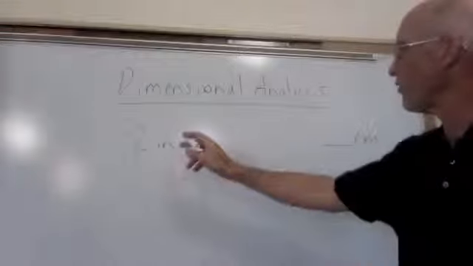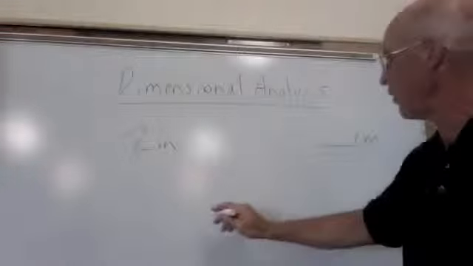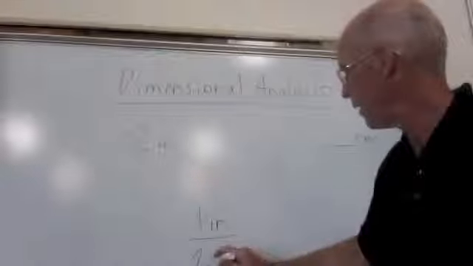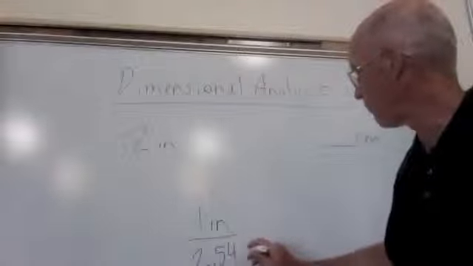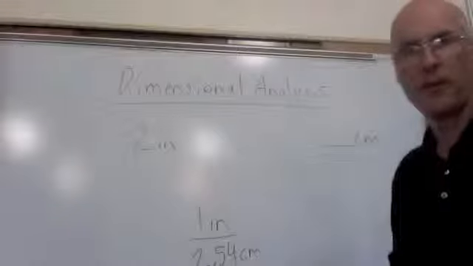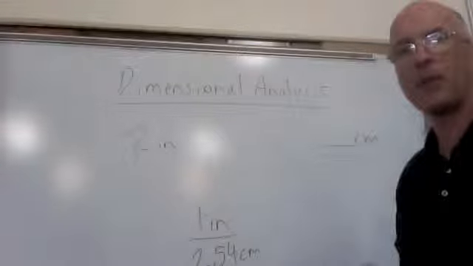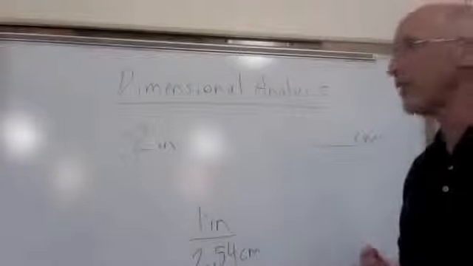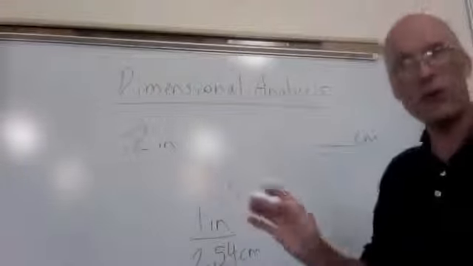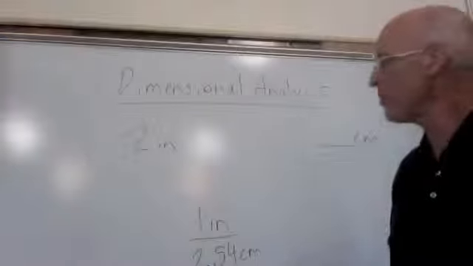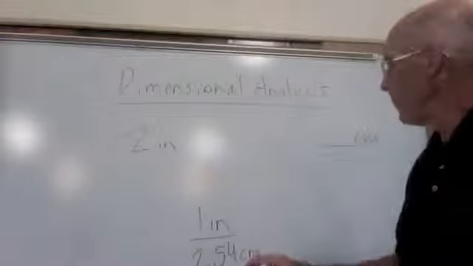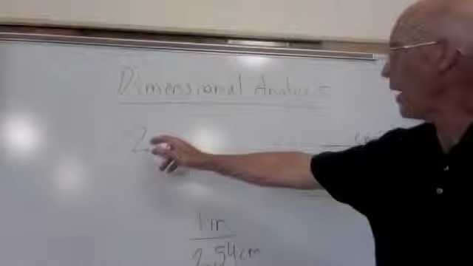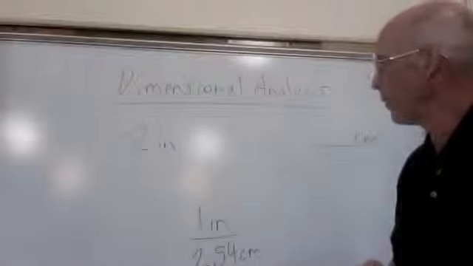Well, in this case, one of the standard conversions you should know is that 1 inch is the same as 2.54 centimeters. Just commit that to memory, and that'll come in very handy for the rest of your life. Until the United States wakes up and we all go to the metric system, and you don't have to worry about it anymore. But at least until then, now I'm going to multiply this conversion by our original number.